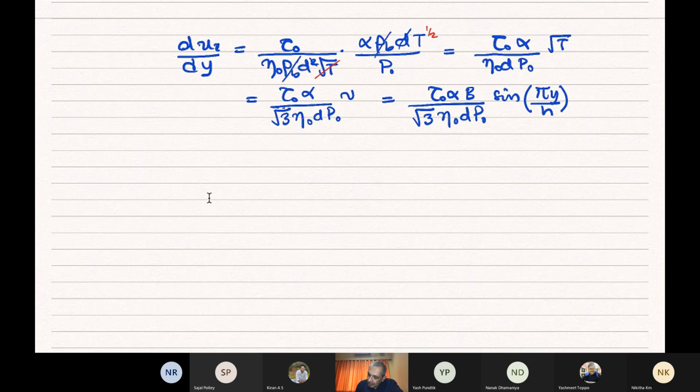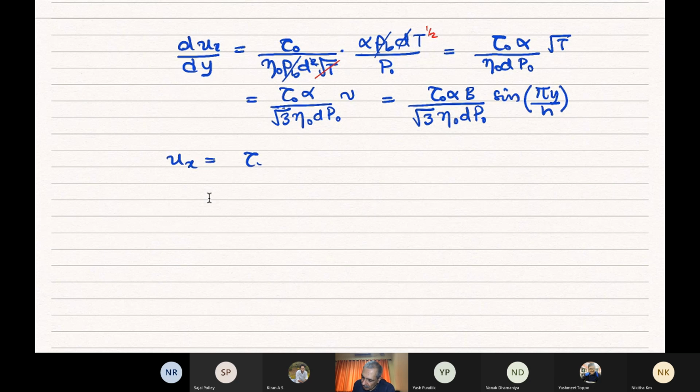And when I integrate this, I will get, this is a simple integral. So this will give us something now. Integral of sine of this pi y by h is just minus of cosine of that into h by pi, correct?